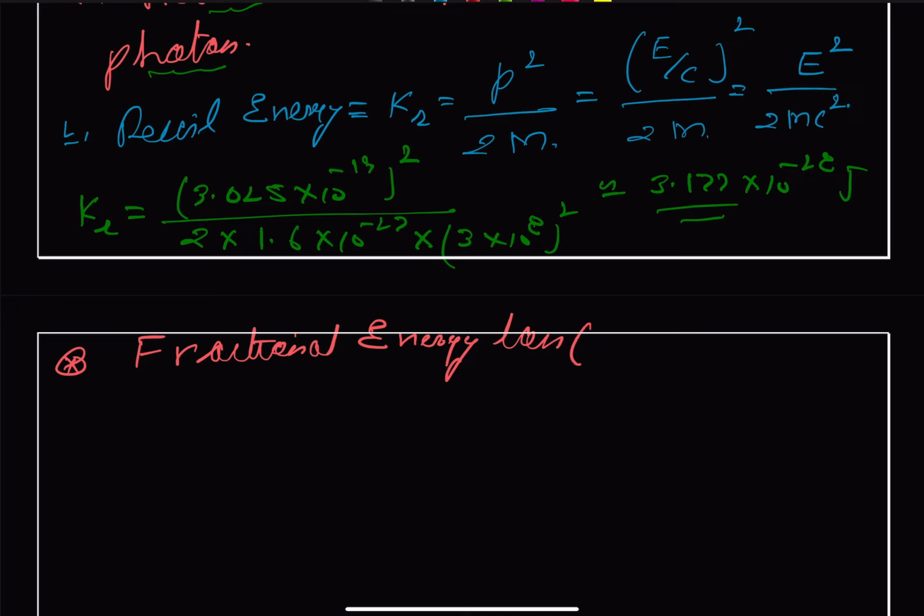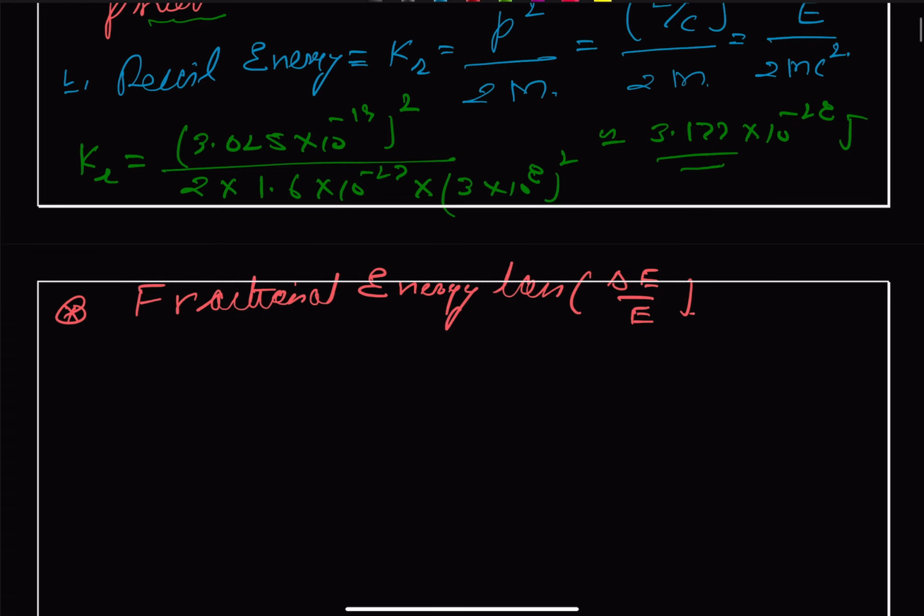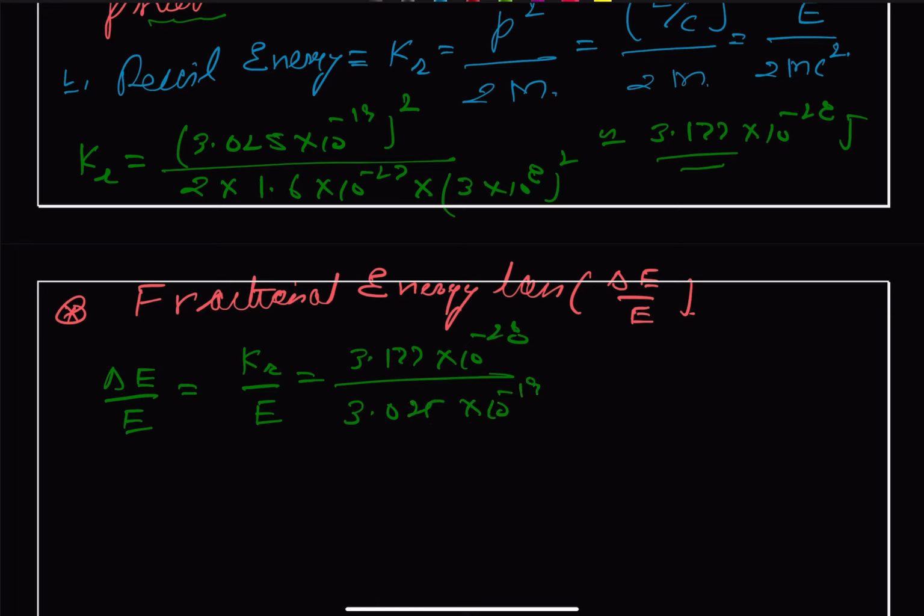Let us call this delta E upon E, or we can write this as Kr upon E, which gives us Kr as 3.177 into 10 to the power minus 28. Energy we found out is 3.025 into 10 to the power minus 19, and this comes close to 1.05 into 10 to the power minus 9.